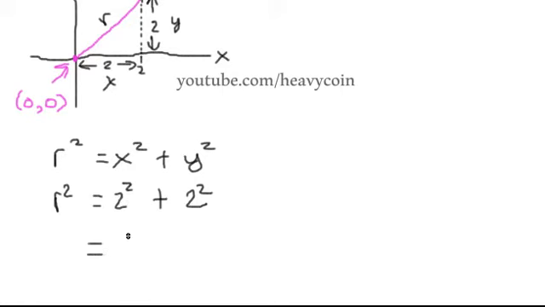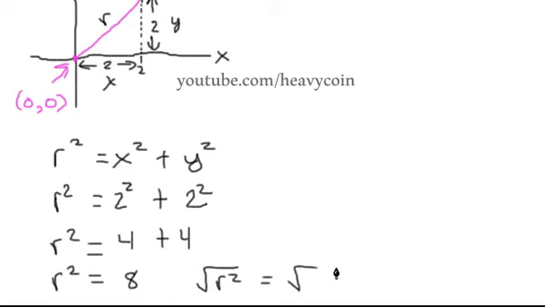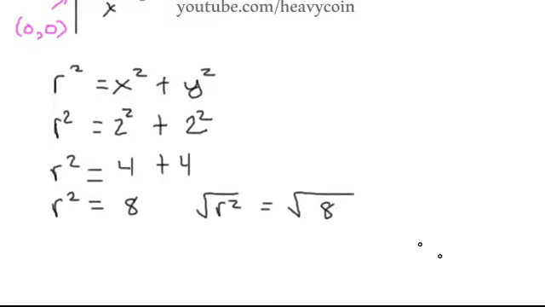So we have 2 squared is 4, and 4, which is 8. But we need to solve for r in this problem, and so we just square root both sides. And of course, when you square root a square, right, that square just disappears.